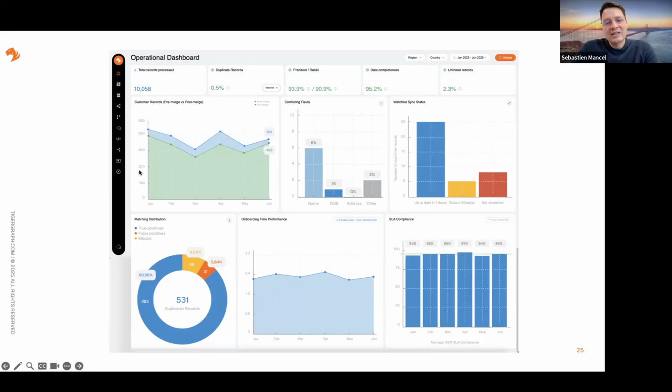And data completeness has improved to 95%, showing we've successfully connected fragmented profiles across systems. Now, onboarding times are faster and more consistent with fewer manual reviews required. And SLA compliance has climbed back to 95%.